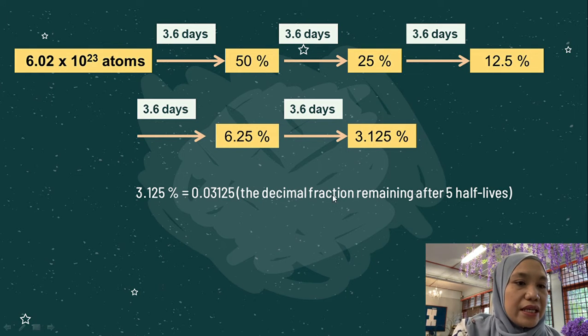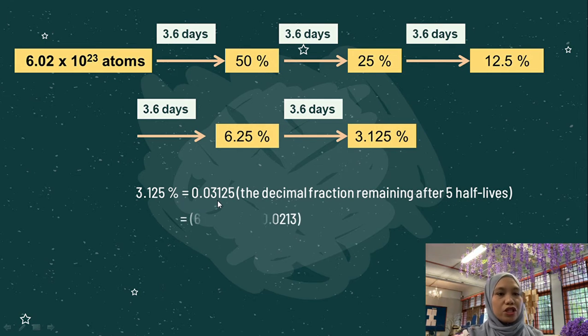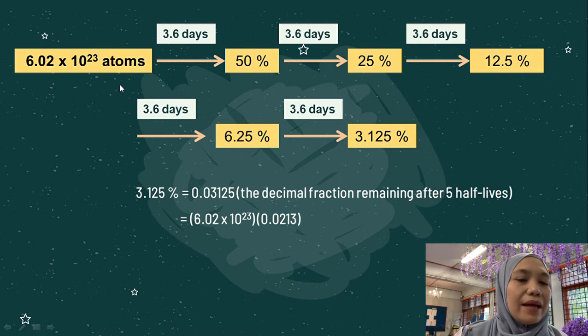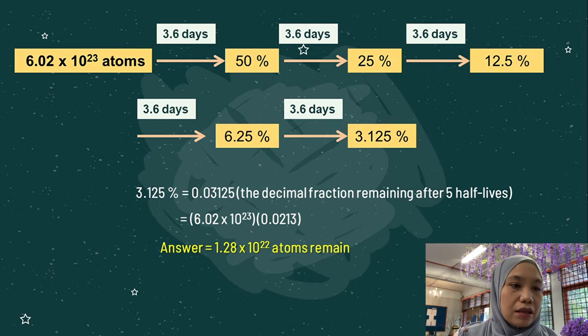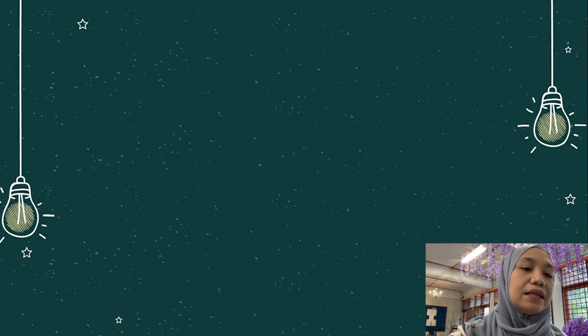So we change it to a decimal fraction after 5 half-lives. It becomes 0.03125, and then we multiply 0.03125 by the initial number of atoms. So the answer will be 1.28 times 10 power of 22 atoms remaining.